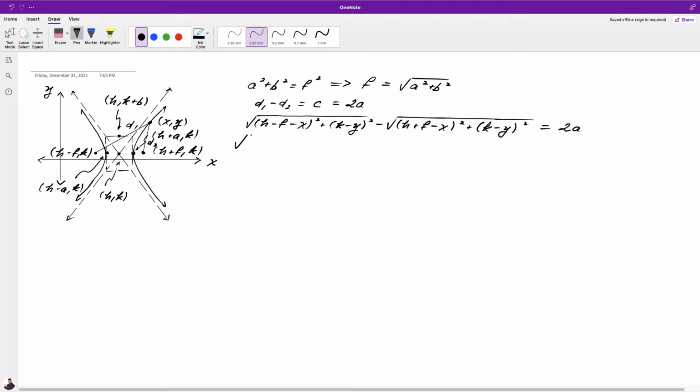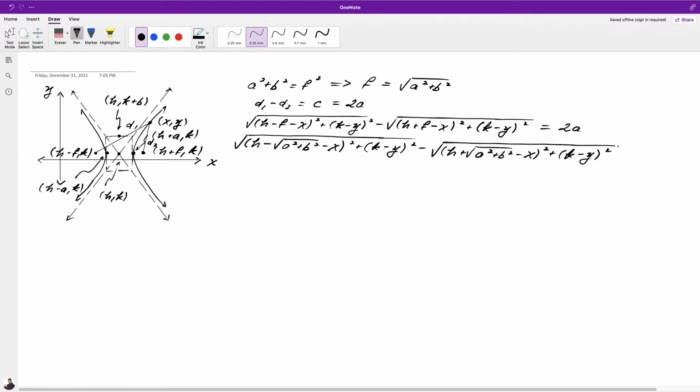So I'm going to have over here now the square root of the quantity h minus the square root of a squared plus b squared minus x all squared plus the quantity k minus y all squared, minus the square root of the quantity h plus the square root of a squared plus b squared minus x all squared plus the quantity k minus y all squared, equals 2a.